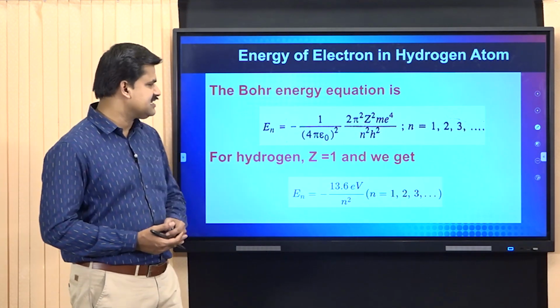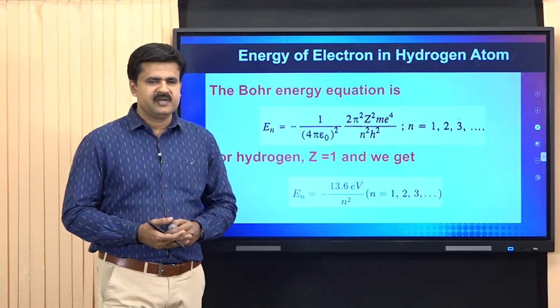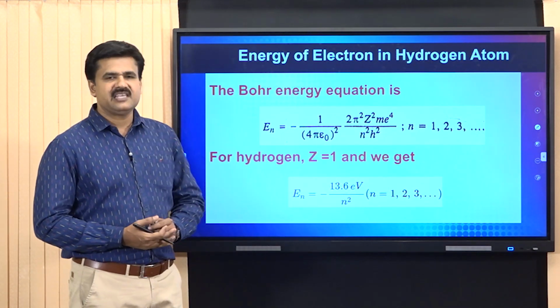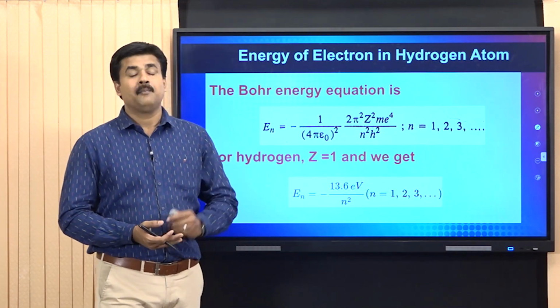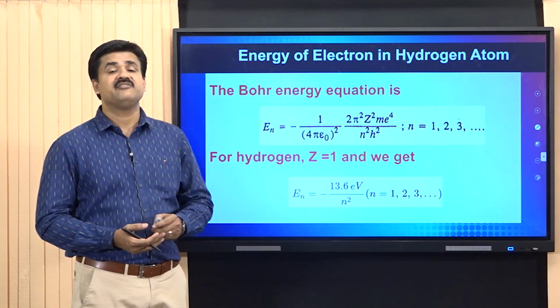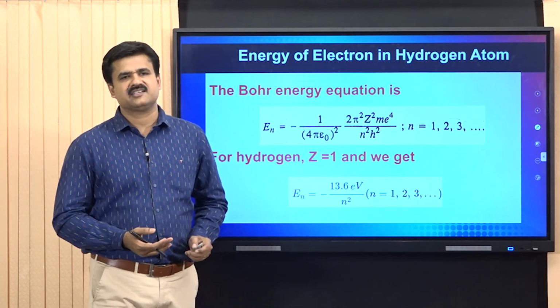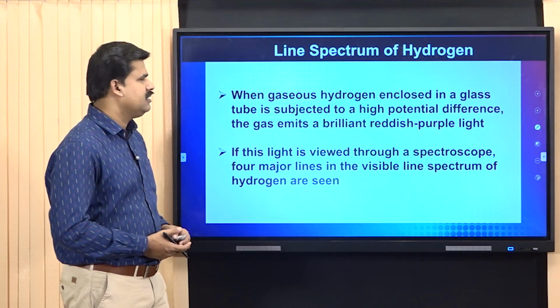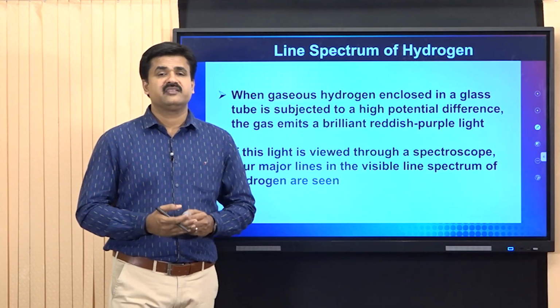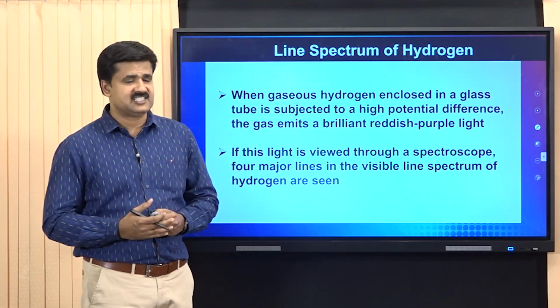So for hydrogen with atomic number 1, the simplified energy expression is En is equal to minus 13.6 electron volt divided by n square, where n is 1, 2, 3, etc. Now, we are moving on to the line spectrum of hydrogen.